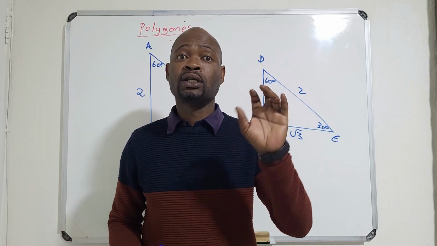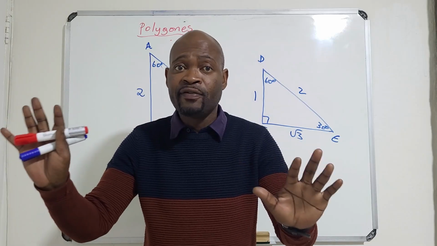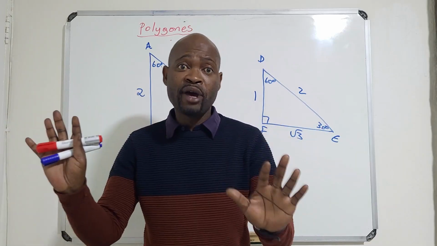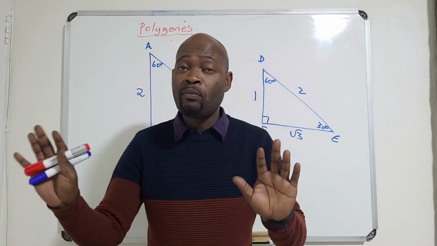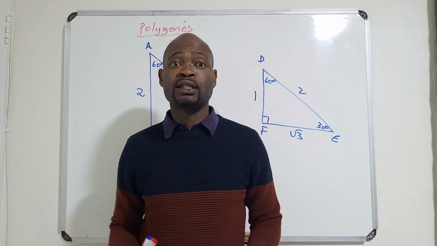Pentagons, we can compare two pentagons since they've got 5 sides. We can compare two octagons because they've got the same number of sides.